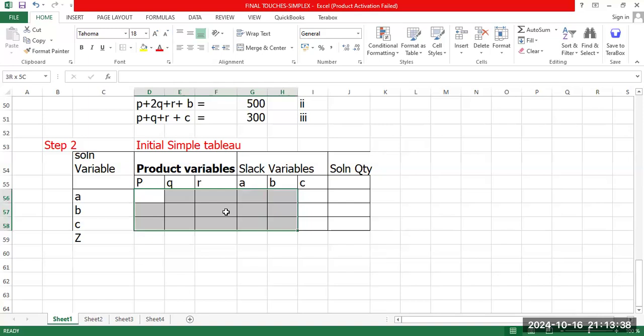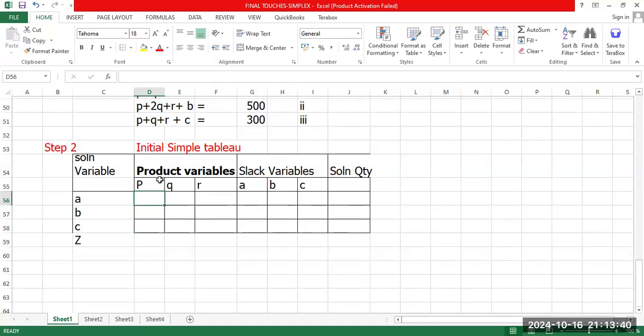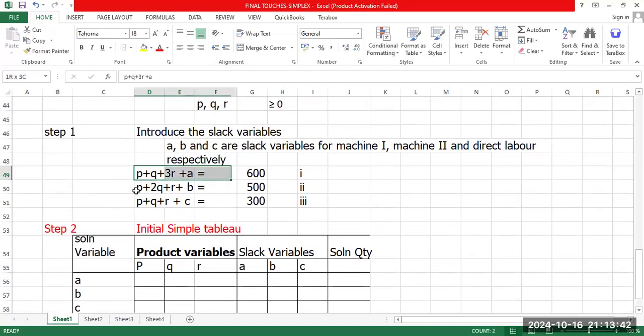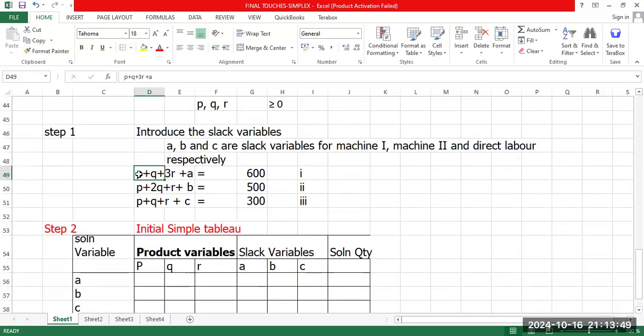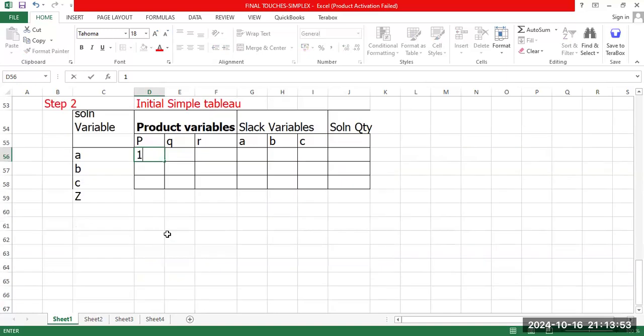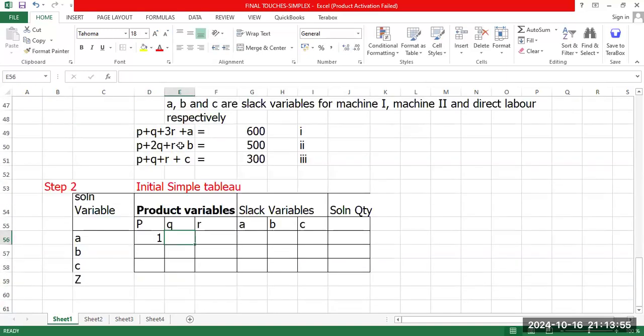Now, how are you going to fill this? You come back to your equations. In equation 1, where you have P, ask yourself what is the value before P: it is 1. The value before Q is also 1. The value before R is 3. The value before A is 1.